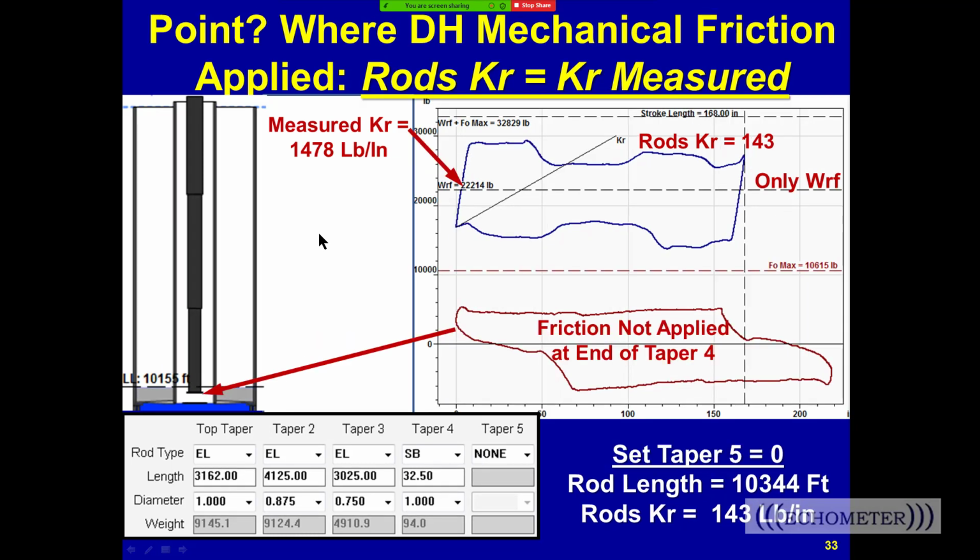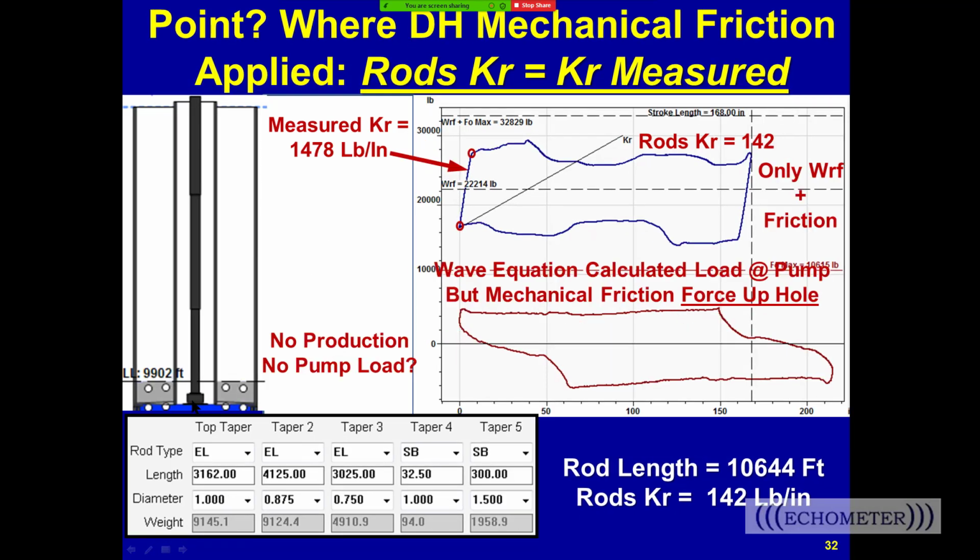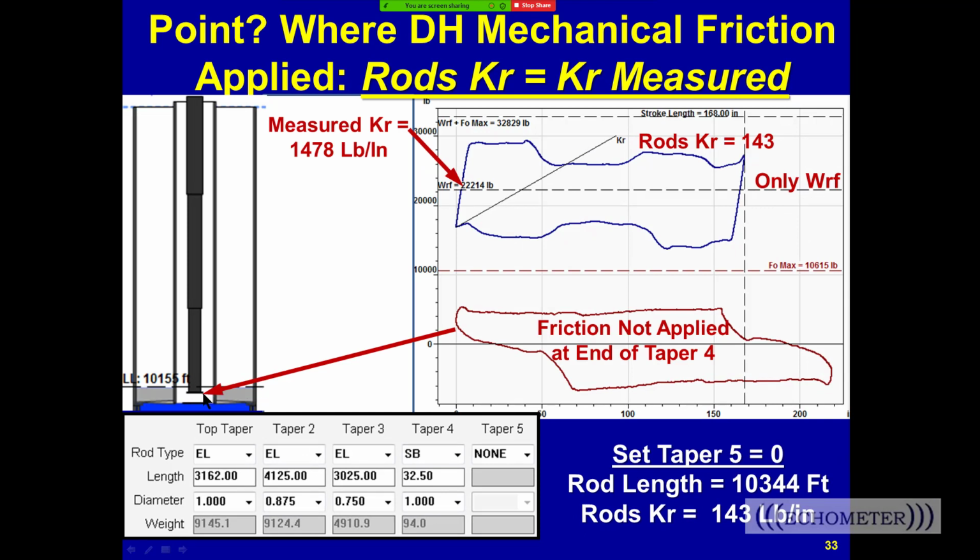And so we take off the weight bars, which is 300 foot of 1.5 inch rods, and look, they're missing, and the spring constant's changed from 142 to 143, and it doesn't match. So we need to take off some more rods.